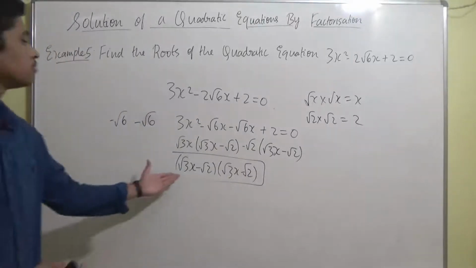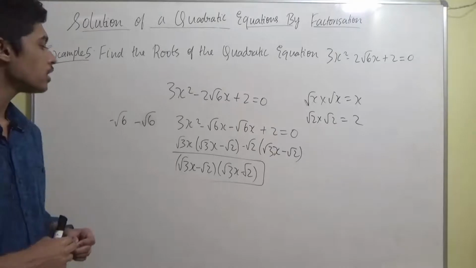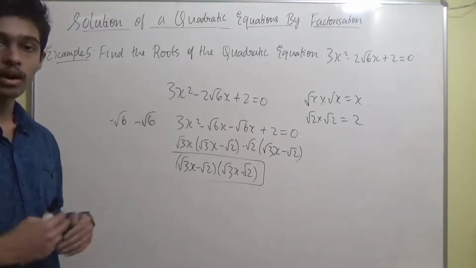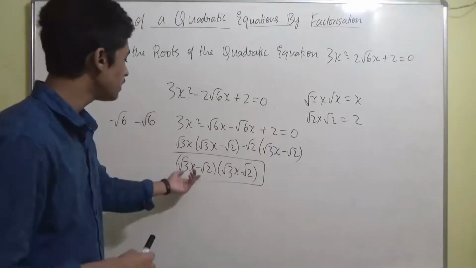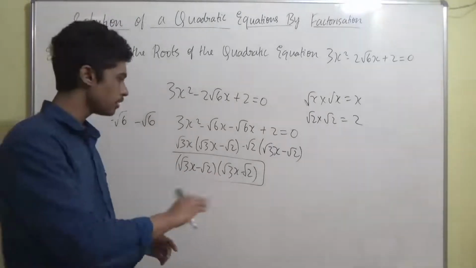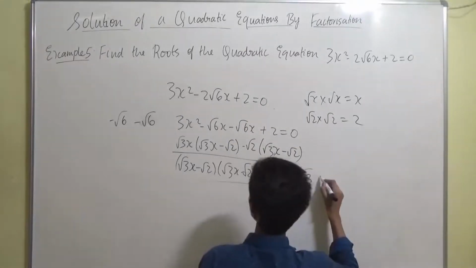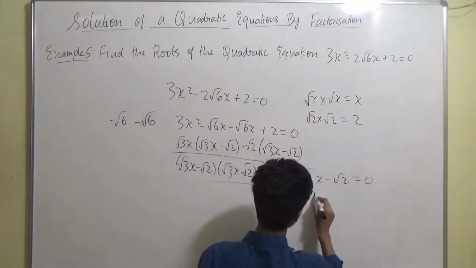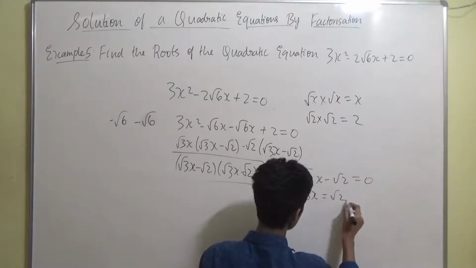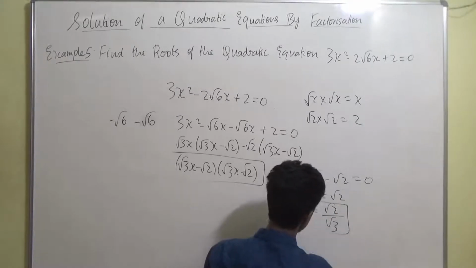Okay, so it's the same term, both are one and the same. Now we have to find the value of x, that is the solution, that is alpha, the zero of the polynomial or the root of the polynomial. For that we'll equate both these factors equal to 0 and find the value of x. So root 3x minus root 2 equal to 0, root 3x equal to root 2, x equal to root 2 by root 3.